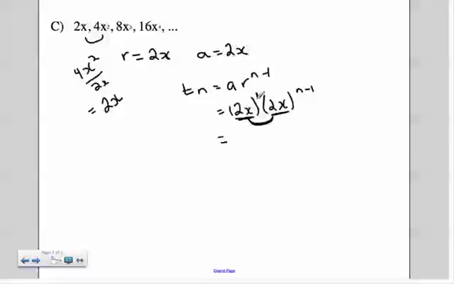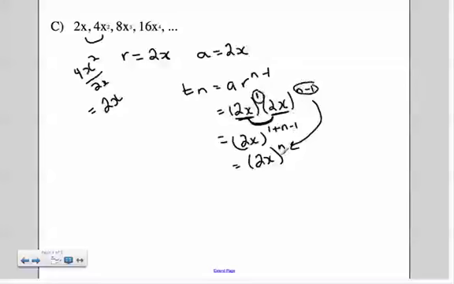This is a 2x to the exponent 1, and this is a 2x to the exponent n minus 1. When you are multiplying like bases, you keep the base the same and add the exponents. So it'd be 1 plus n minus 1, which simplifies just to n. I would probably make that jump from there to there if I was doing this on my own, but I wanted you to see that I was taking the two exponents and adding them together.